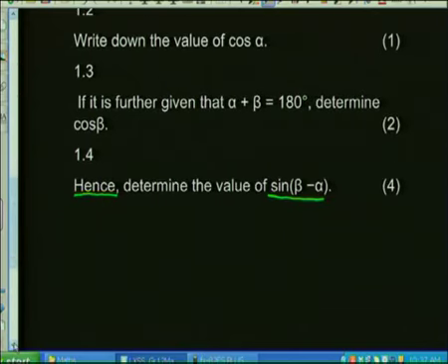Now, when you look at a ratio such as that, what comes immediately to mind? I hope you've said your compound angle formulae, because inside that bracket we have got our beta minus alpha. So we do not have our 90 degrees or 360 or 180, which are our reduction formulae.